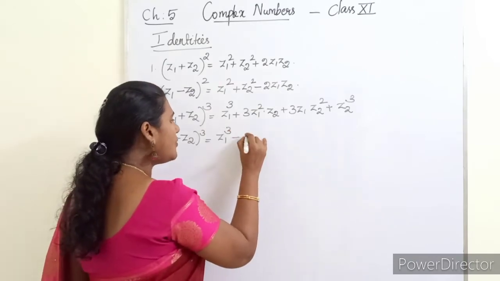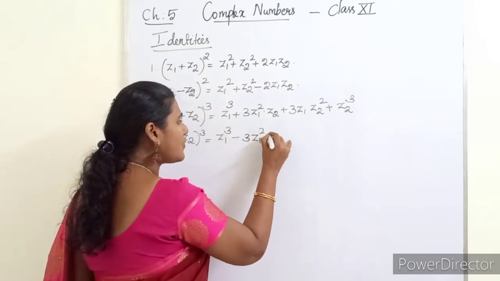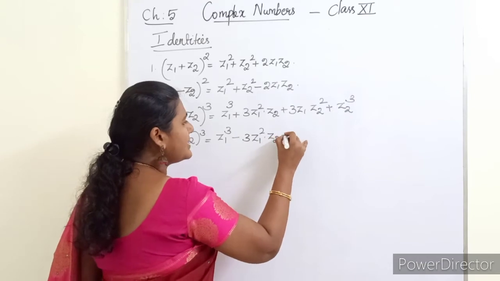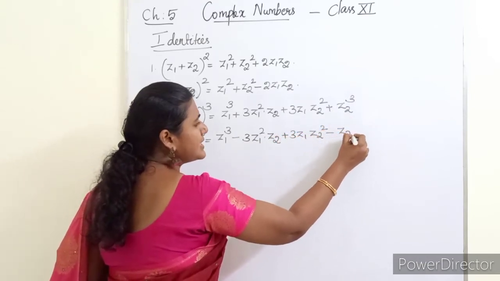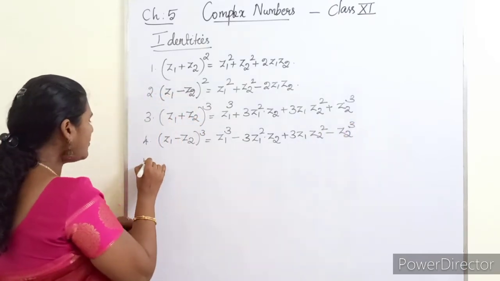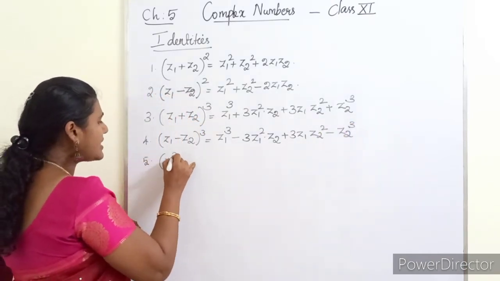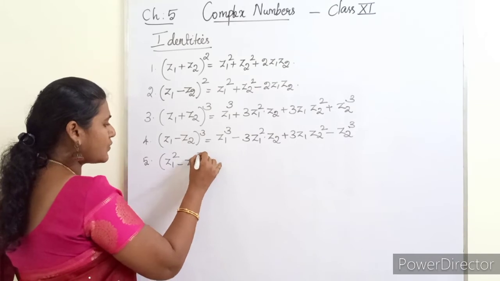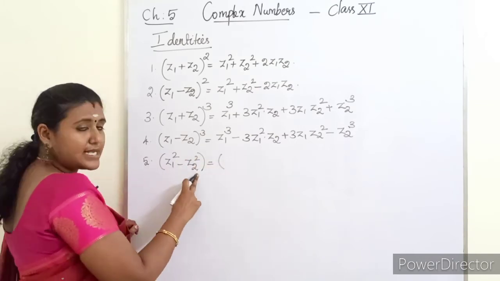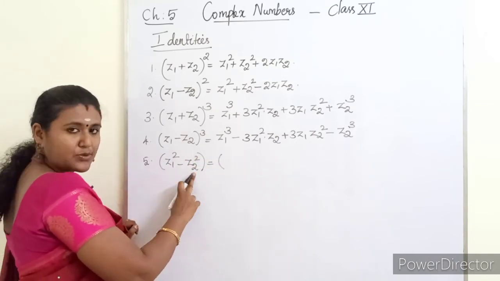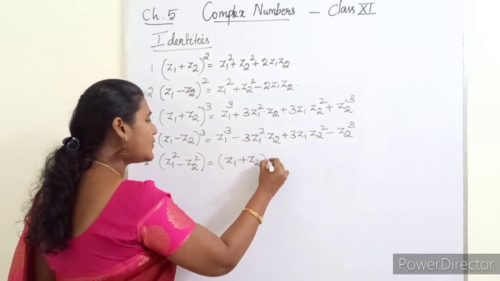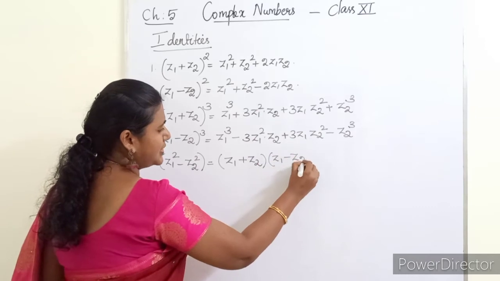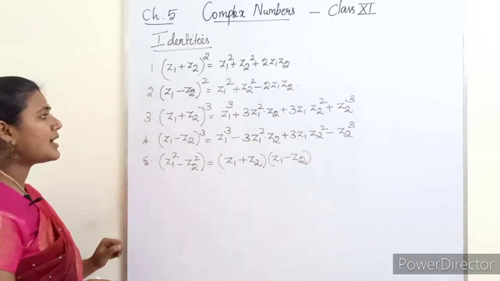So z1 cube minus 3 z1 square z2 plus 3 z1 z2 square minus z2 cube. Now the fifth one is z1 square minus z2 square. Similar to the a square minus b square identity, that is z1 plus z2 into z1 minus z2.